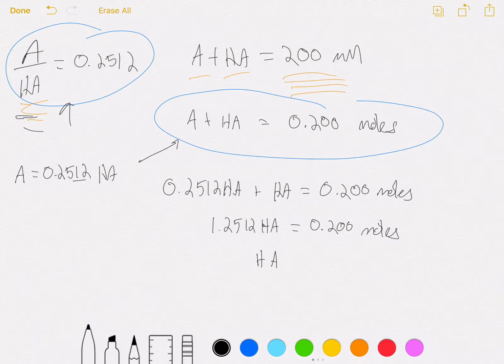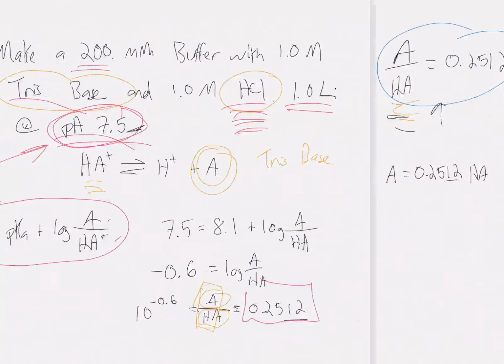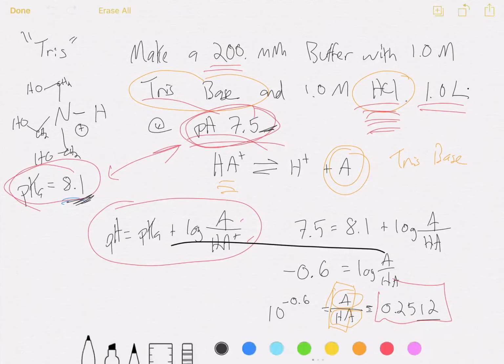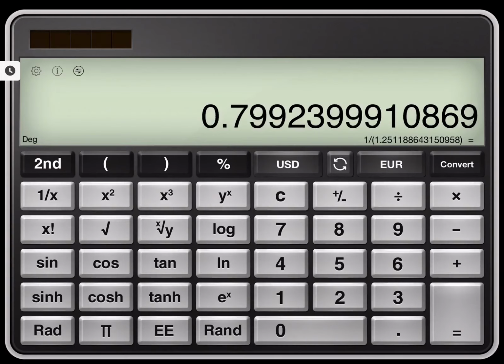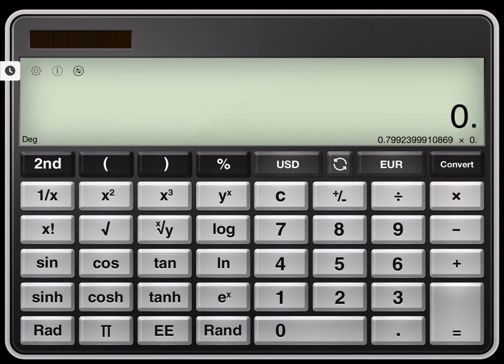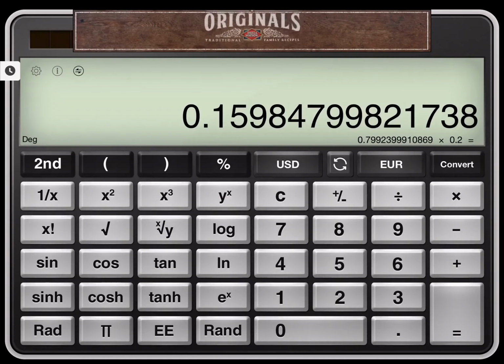And then we can solve for HA by dividing both sides by 1.2512 and taking that to the calculator. That means we're adding 1 to this, taking the inverse and multiplying it by 0.2 moles, and we'll get HA equals 0.160.